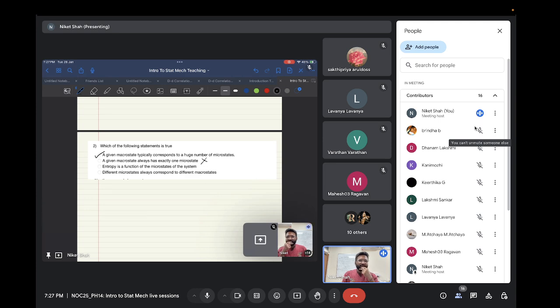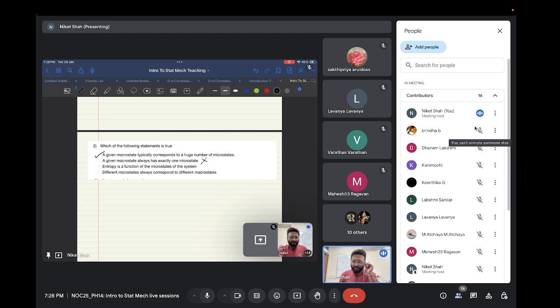Kirtika, tell me, is the third option correct or not? Please unmute yourself and tell me whether option number three is correct or not. It's okay if you give wrong answers. There is no need to give only correct answers. We are discussing here, we are trying to learn.